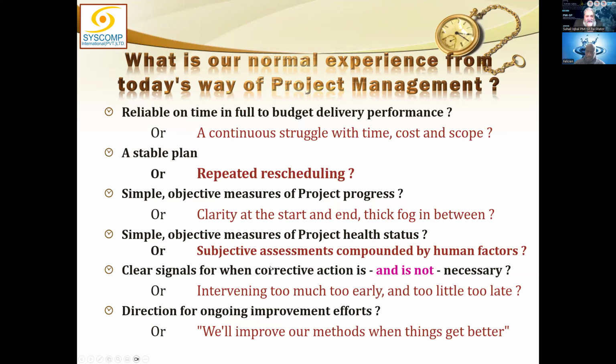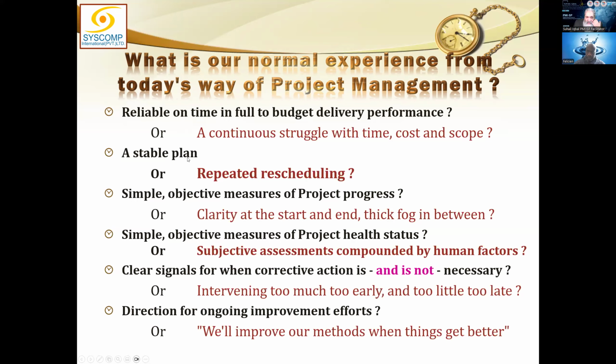But what is happening really in real life? Reliable on time, in full budget delivery, our continuous struggle with time and cost and scope. If you are not adopting any new technique, any new innovative mechanism, then you are always struggling with time, cost, and scope.